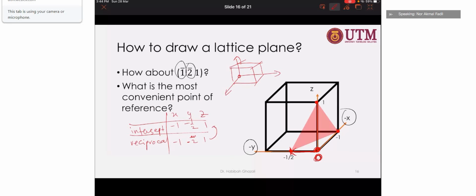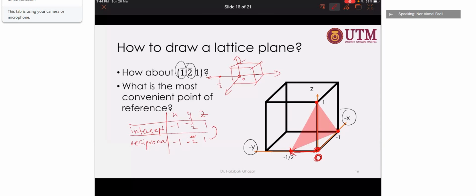So if they put the origin here, they will tend to draw the intercept outside the box. And with that, you will give a wrong answer, because if you give a label like this at half, your plane will be out of the cube.